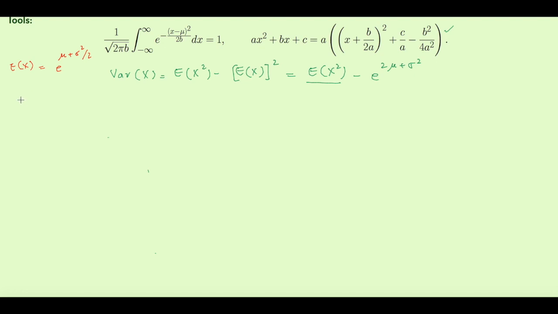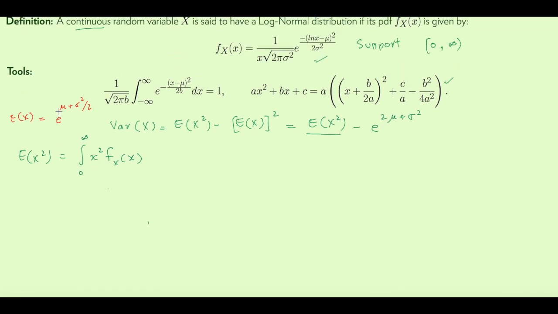Okay, so what is E of x squared? So then we have integral from 0 to infinity of x squared f(x) dx. Now this f(x), if we go back to our definition, one of the x from this x squared will cancel out with this.